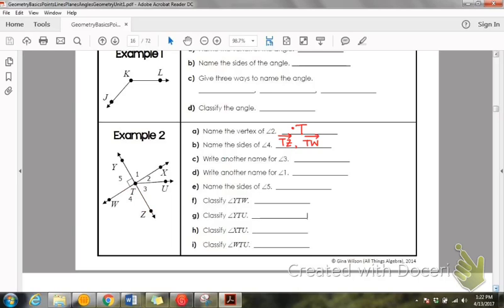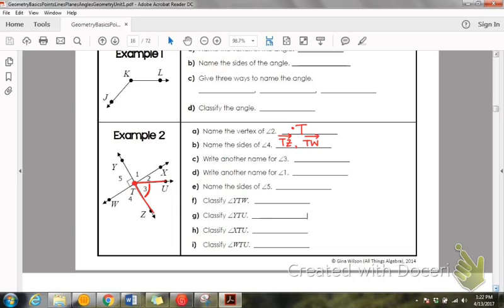Name another name for angle 3, Lexi. Another name for angle 3. This angle here. Hey, thank you, Lexi. Go ahead. Okay, Lexi, look. Which one is the middle? T is the middle, right?